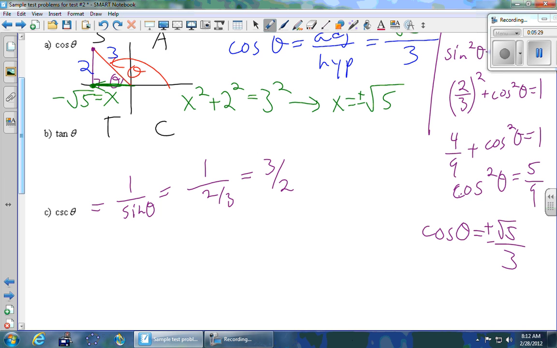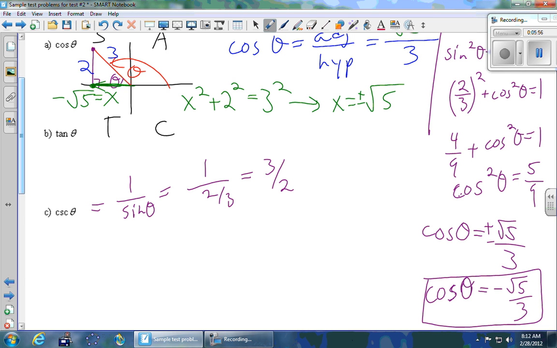And again, you got to remember the plus or minus, no matter how you do it. And we do need to think about the geometry here and recognize that in the second quadrant, cosine is negative. So in this case, cosine of theta is negative root 5/3. Okay, so that's part A.